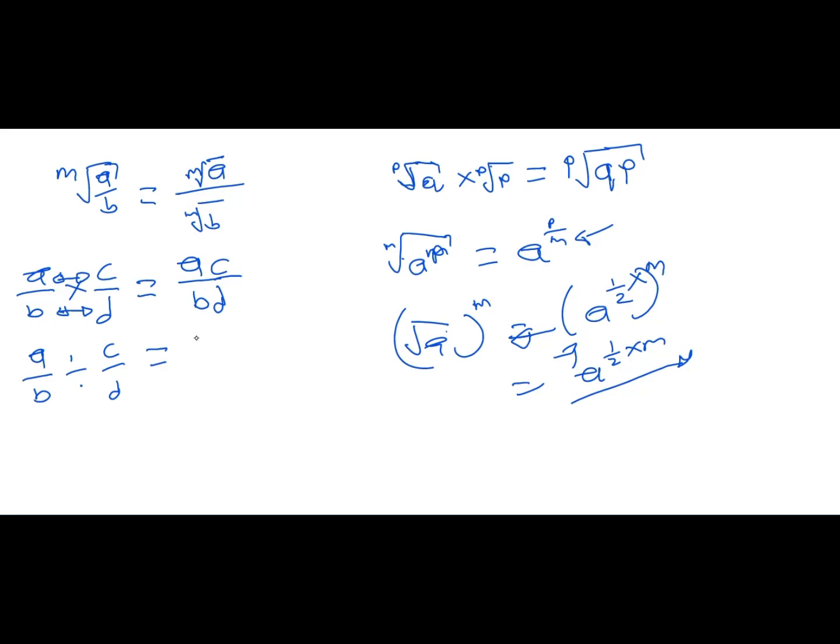A over B. Remember, here we're going to cross multiply these two terms. Remember, you see this thing.